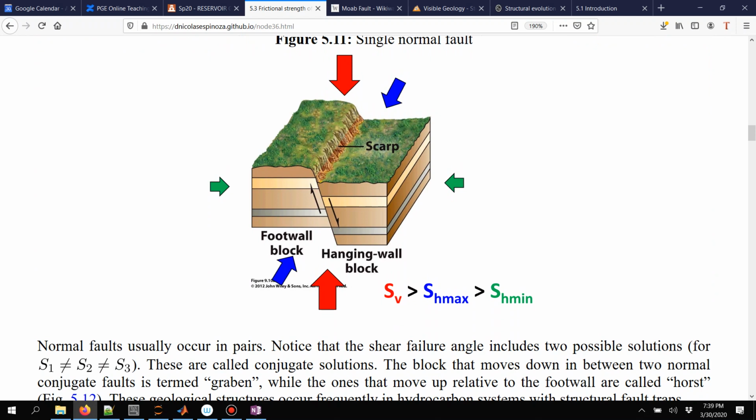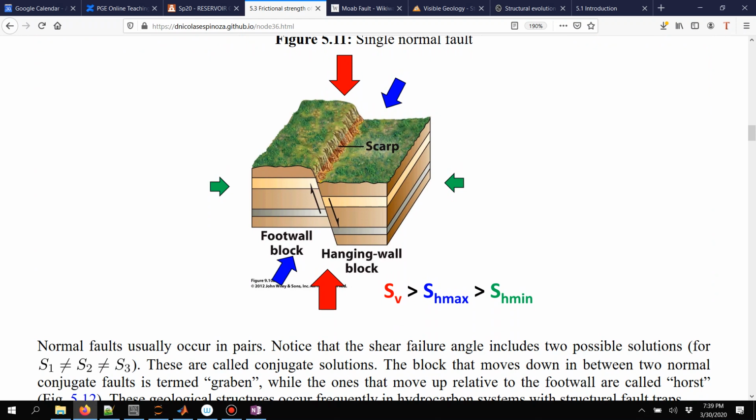And also it's a shear failure, so it's going to happen, or let me rephrase this, it's going to happen at the characteristic angle that depends on the friction coefficient of the material. And in this case, the strike of this fault is perpendicular to the minimum principal stress. We'll get to see later in detail what would be the ideal orientation of faults.